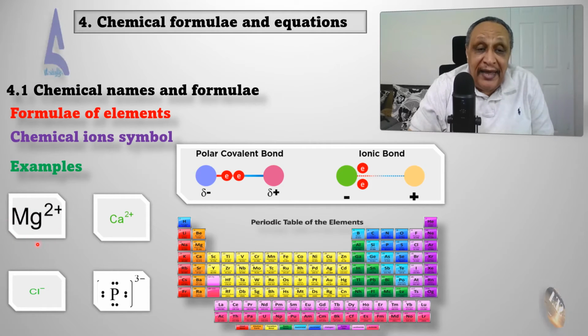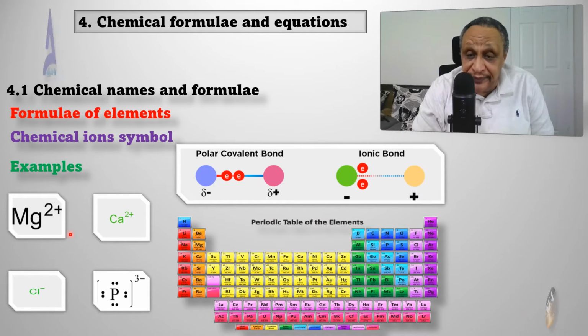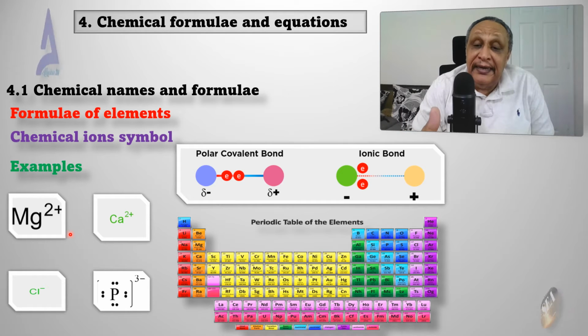Now let us discuss what we have here. Here I have the magnesium ion. The magnesium ion is 2+. Why? Because magnesium loses electrons when it reacts.